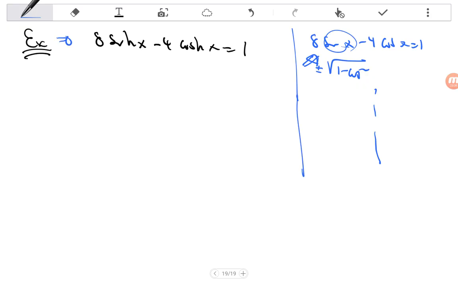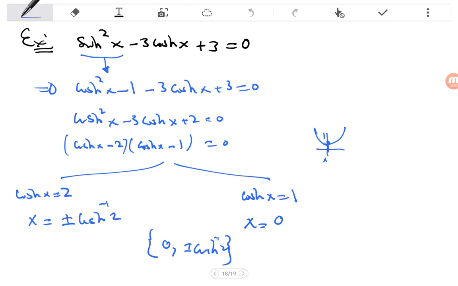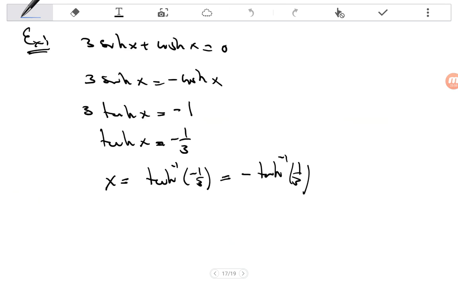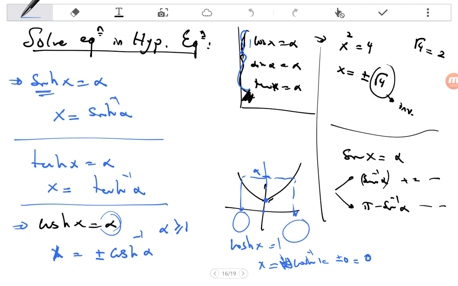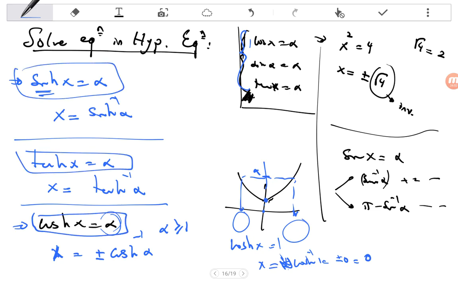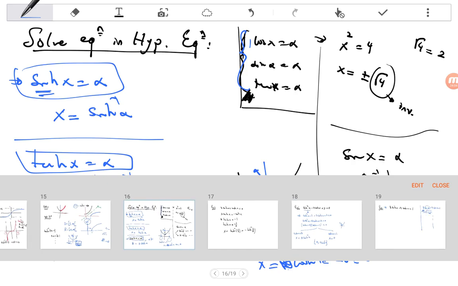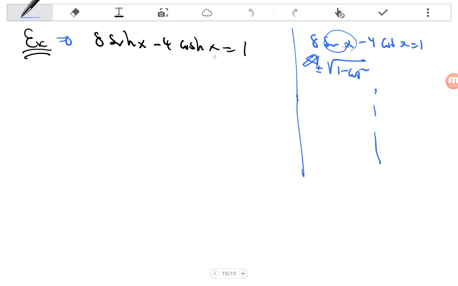But in hyperbolic functions, a similar form, which is exactly like this, can be easily solved. Instead of using the three standard known forms of hyperbolic equations, which were these three basic equations, in this case I will use the basic definition of the sine and cosine in terms of the exponential. Why?